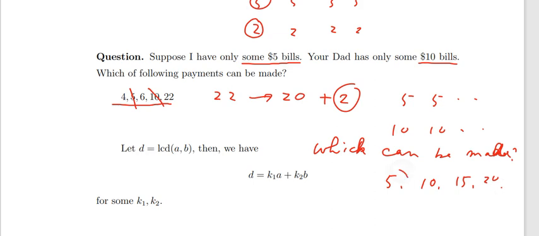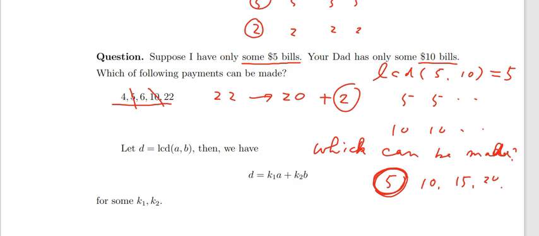So we focus on the smallest number. If we can make 5, then we can make 10, just double. This number is just the GCD. So the GCD of 5 and 10 equals 5.